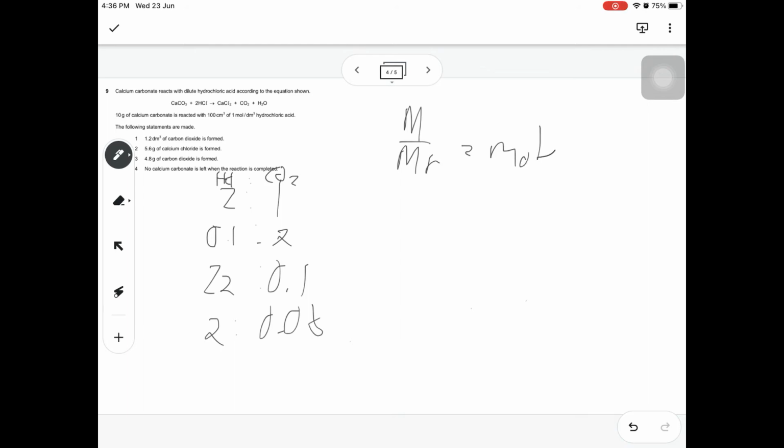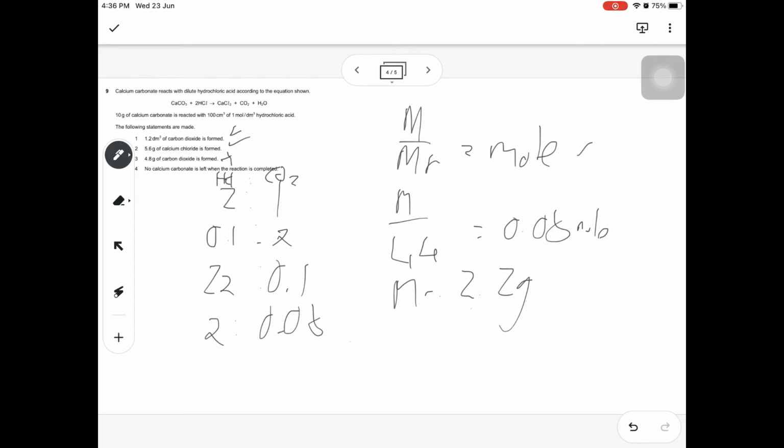So now using the formula, mass over relative molecular mass equals moles. The relative molecular mass is 12 plus 16 plus 16, 44, equals to 0.05. So times 0.05, you get the mass of the carbon dioxide is 2.2 grams. So the third statement is wrong.